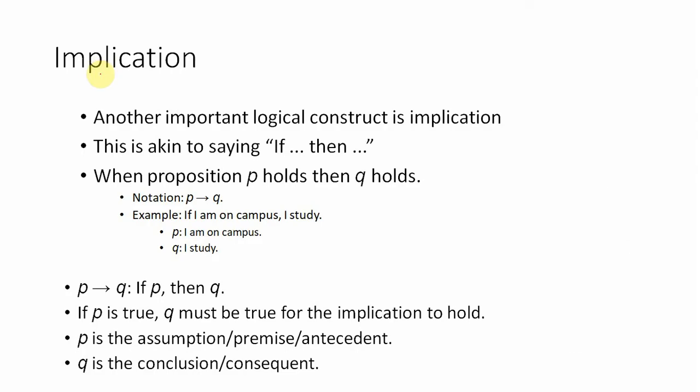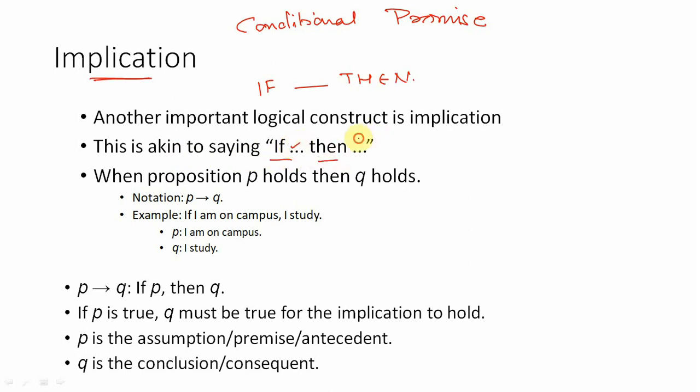Let's continue. The next connective that we are going to talk about is the implication. The implication essentially is a conditional promise. It is essentially the formal way of writing the if-then statement, akin to saying if something, then something else. Both parts are propositions.